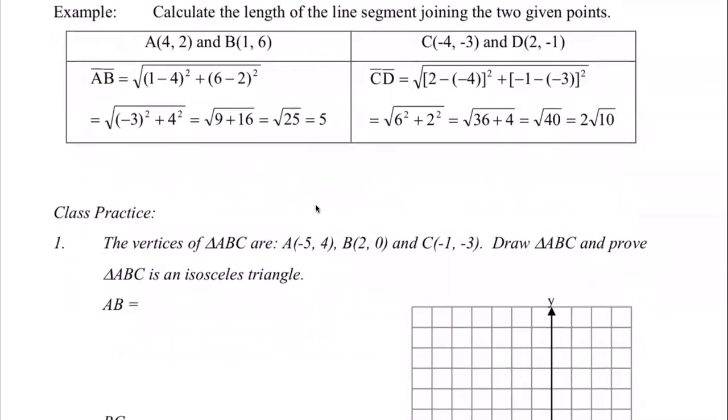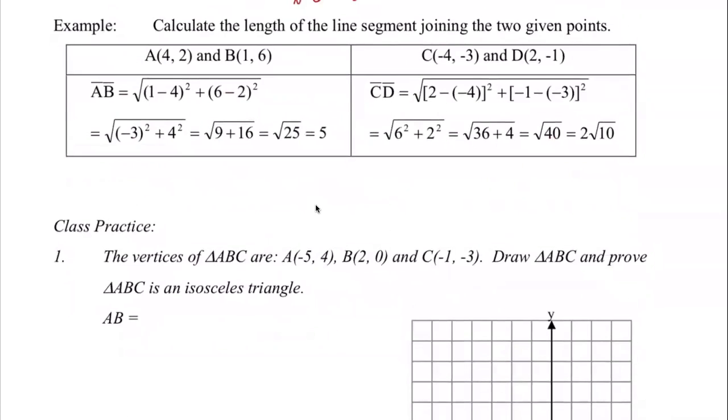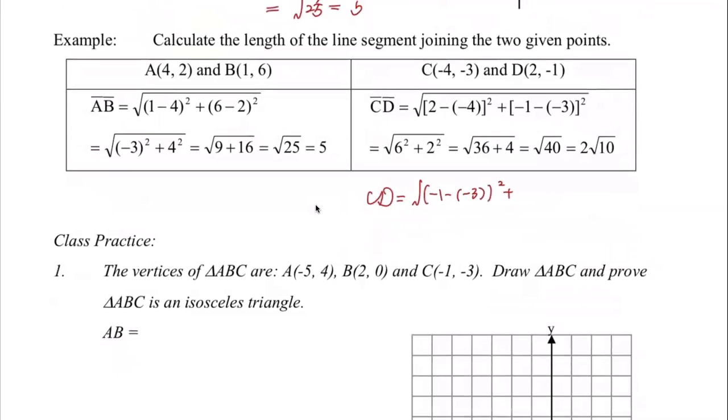And the other example, let's quickly go through this. CD is equal to the square root of (y2 minus y1) squared plus (x2 minus x1) squared. So (-1 minus 3) squared plus (2 minus 4) squared.